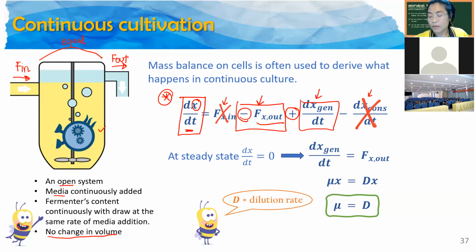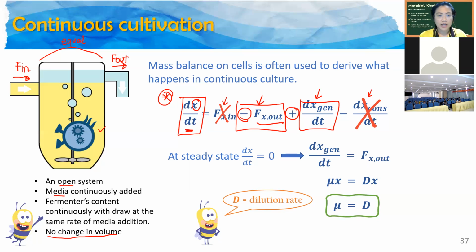Now, one thing about continuous cultivation is if you keep putting the substrate in and you're drawing the fermenter content out at the same rate, at the beginning, you will notice the change of things in the fermenter.